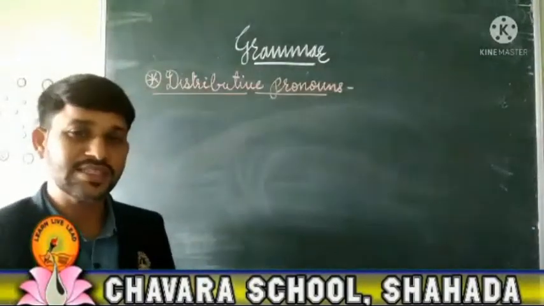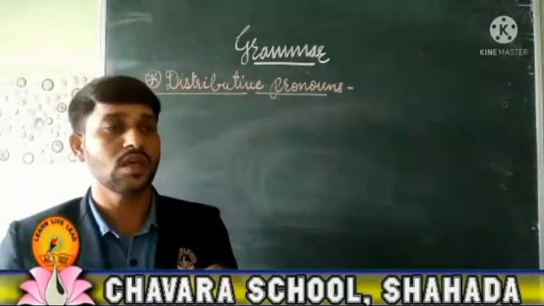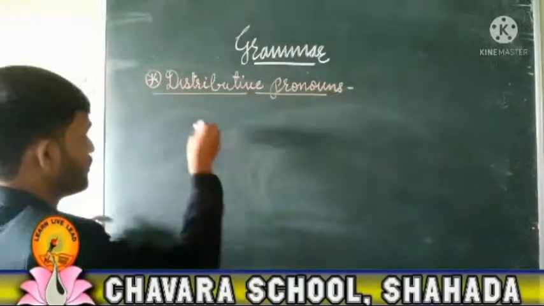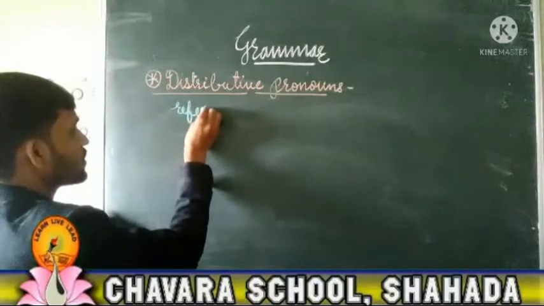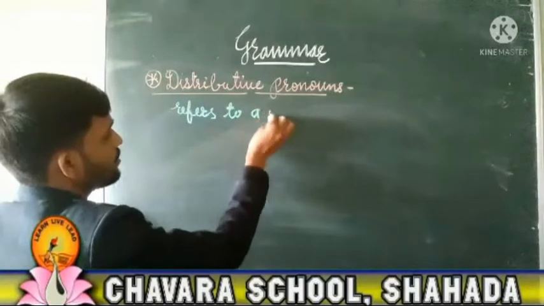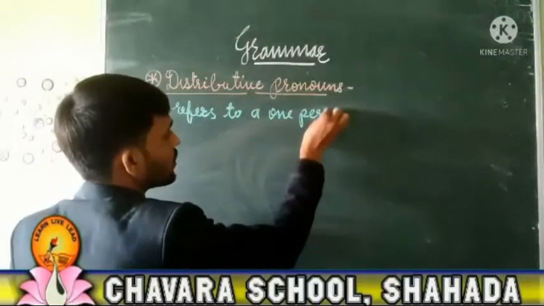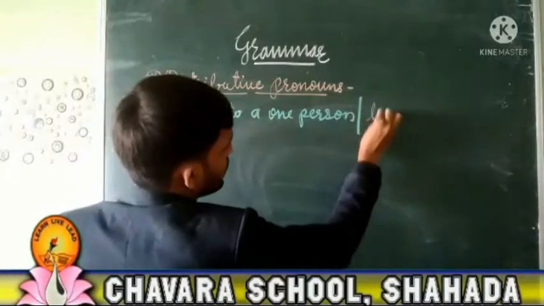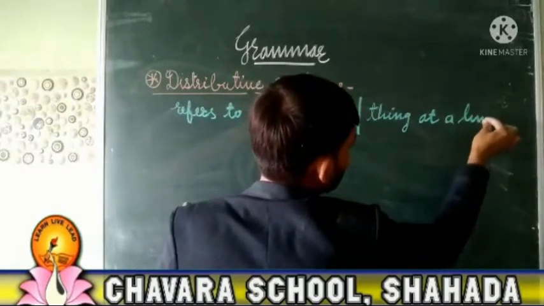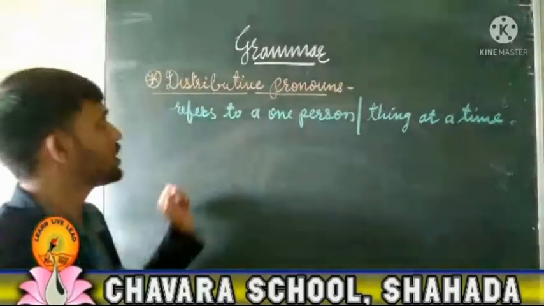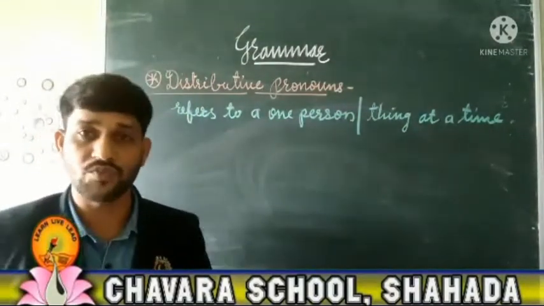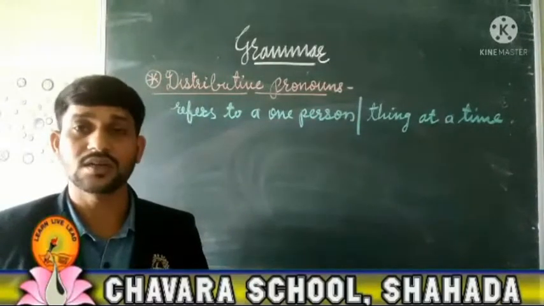Dear friends, now let us see the distributive pronoun. A distributive pronoun is a pronoun which refers to one person or thing at a time. This is called a distributive pronoun. For example, every, each, either, neither.